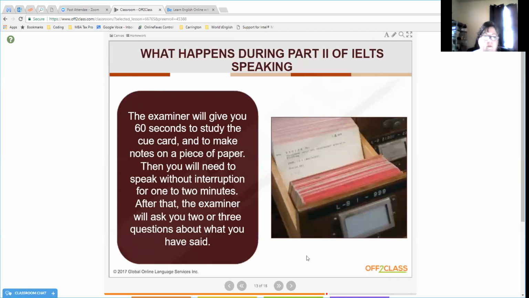Okay. What else happens during Part 2 of IELTS speaking? You'll have 60 seconds to study the cue card. Make notes, like I said, so you'll have your little template, and then the examiner will tell you to begin, and you'll speak without interruption for 1 to 2 minutes.